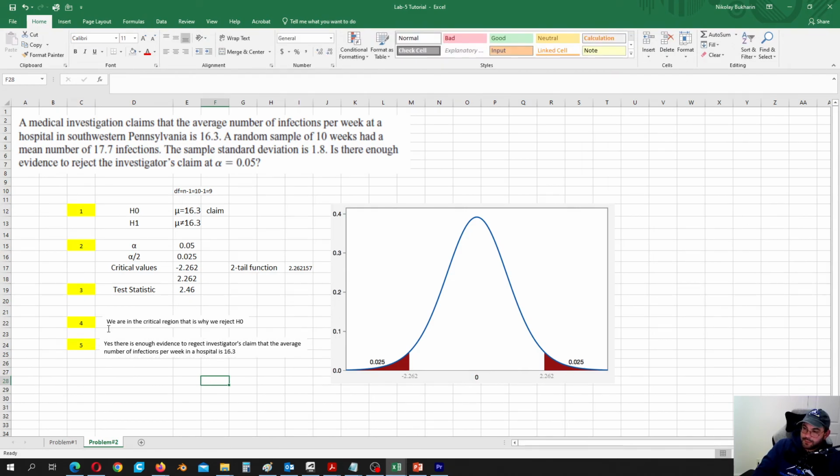Again, we are in the critical region. That is why we reject H0, and the question is: is there enough evidence to reject the investigator's claim? Yes, there is enough evidence to reject the investigators' claim that the average number of infections per week in the hospital is 16.3.